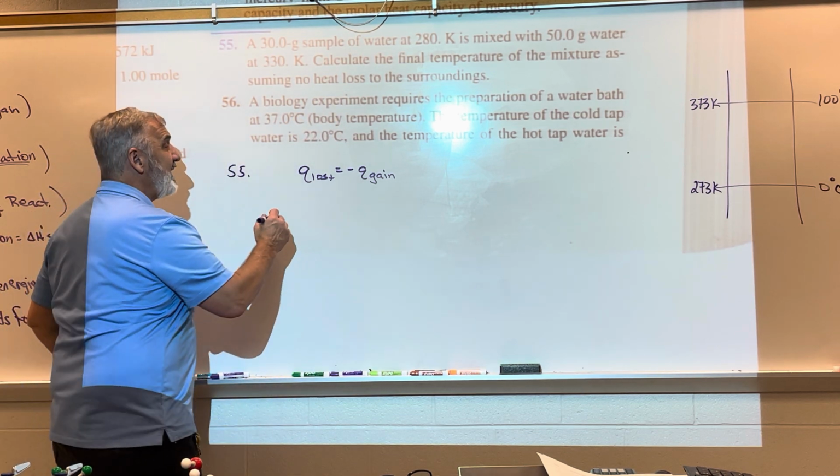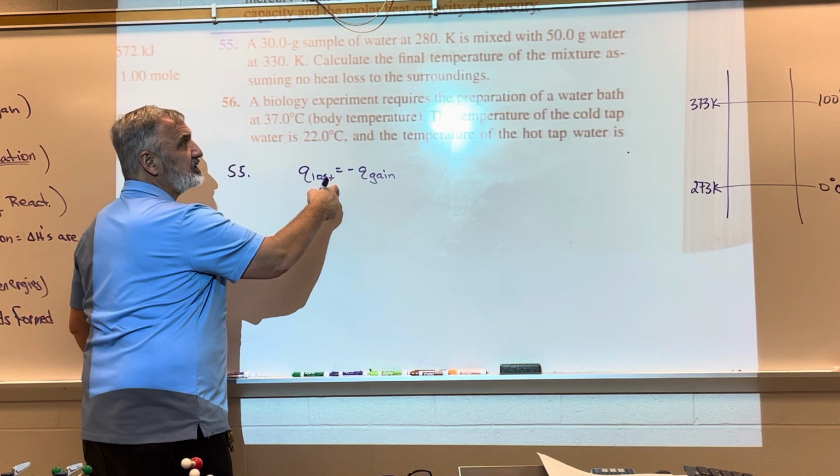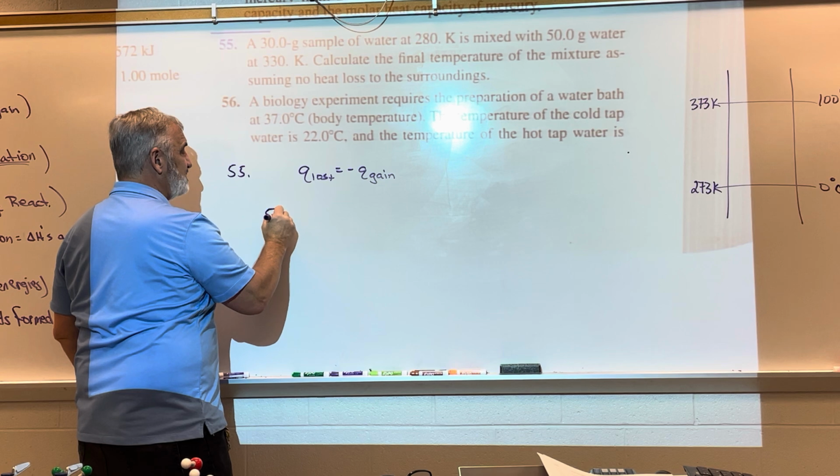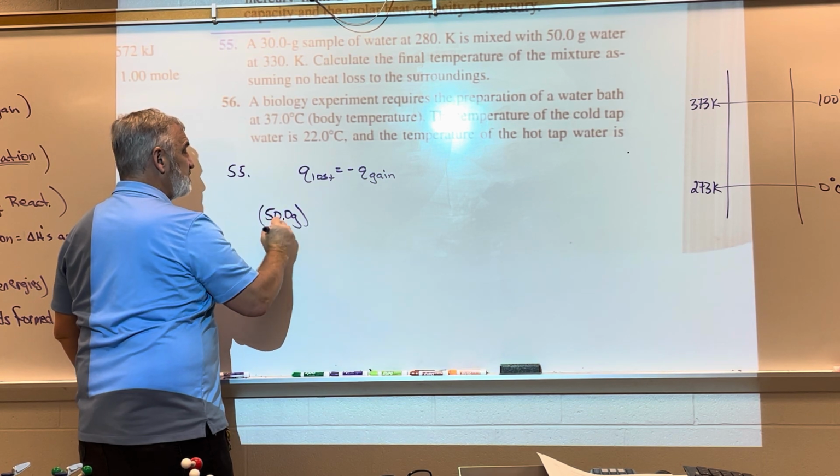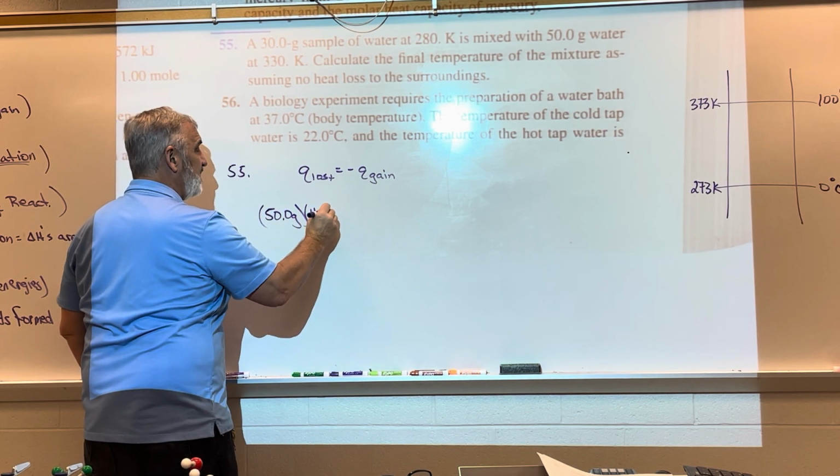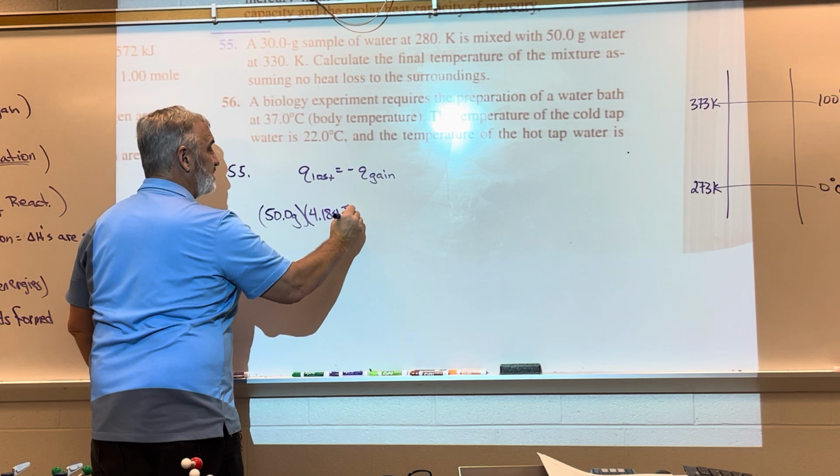So I'm going to have the mass, and I'm not going to break it up on this one. The mass is 50 grams of the hot water. The specific heat is the same, 4.184 joules per gram degree Celsius.